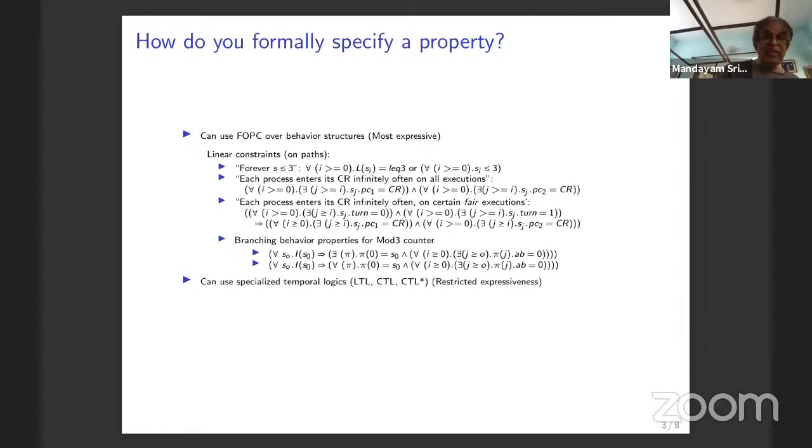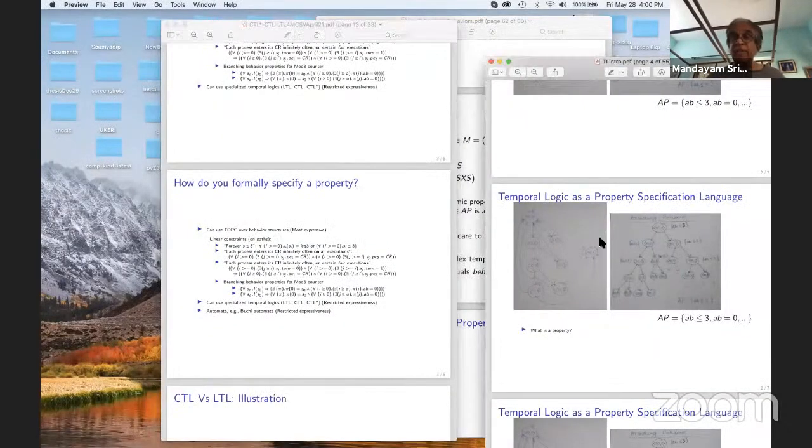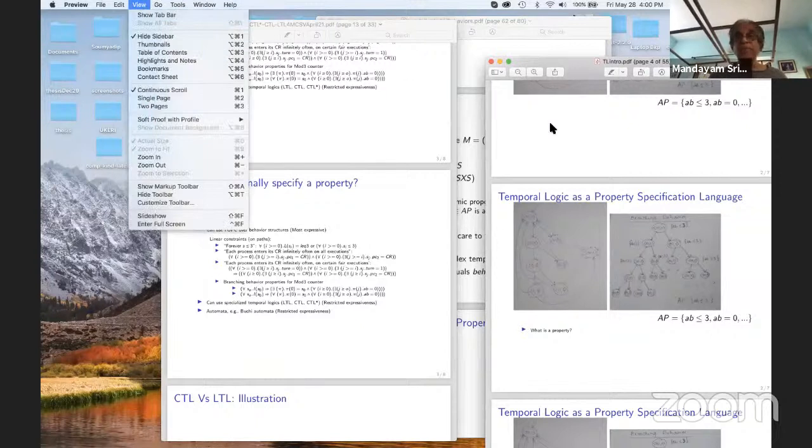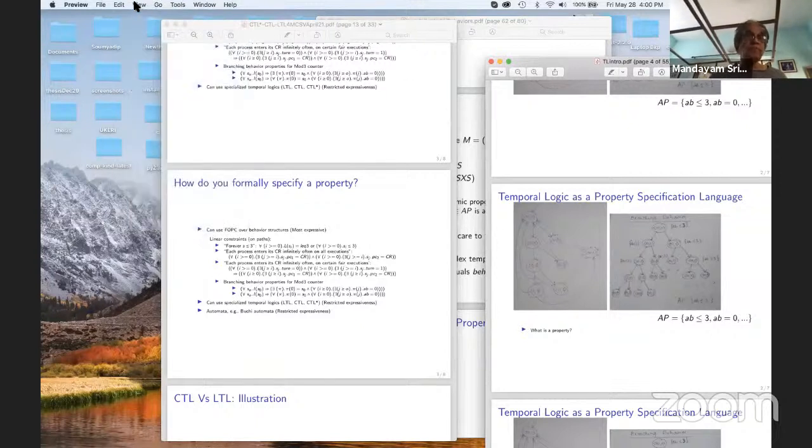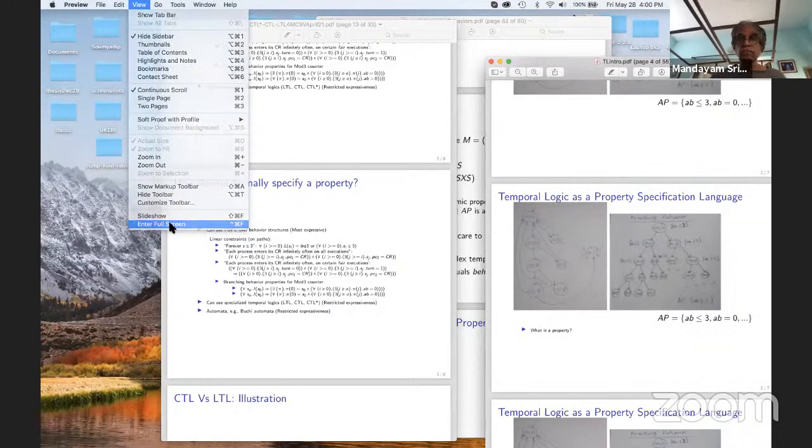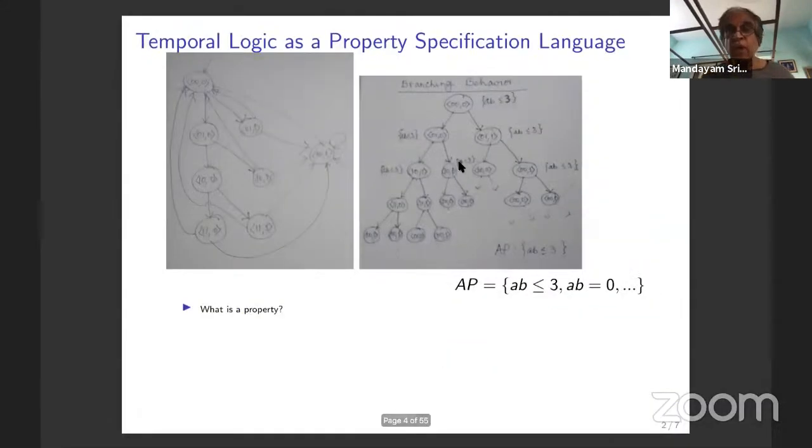So for example, in this case, for a branching behavior, I might want to say that even this is an initial state here. So the branching behavior not only includes this tree, but it also includes a tree that is originating from this state.